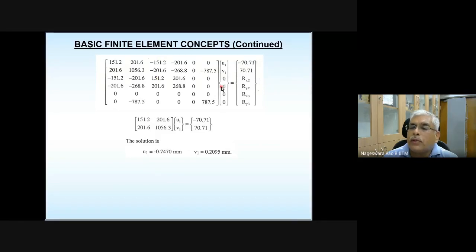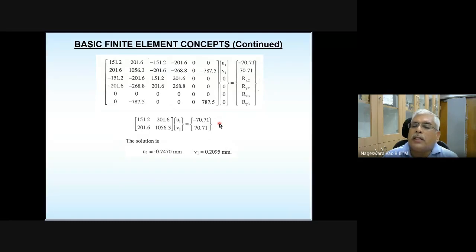Similarly, fourth row, fourth column, fifth row, fifth column, sixth row, sixth column. So here, all the displacement components from the third position to the sixth position are all 0. So you can eliminate all the rows and columns between 3 and 6, including 3 and 6. Then you get the reduced equation system.